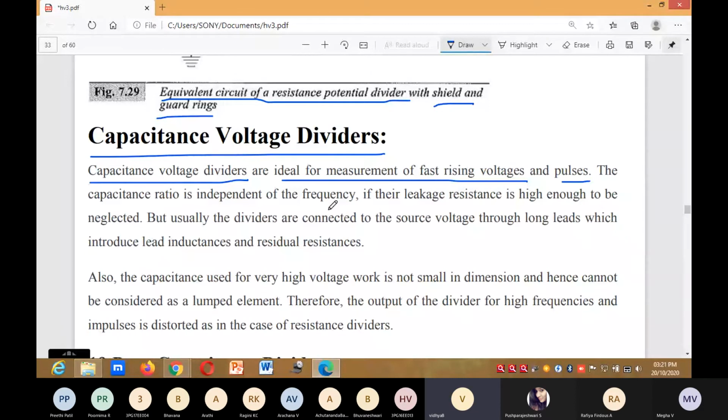But usually the dividers are connected to the source voltage through long leads, which will introduce lead inductance and residual resistance. These are the errors.